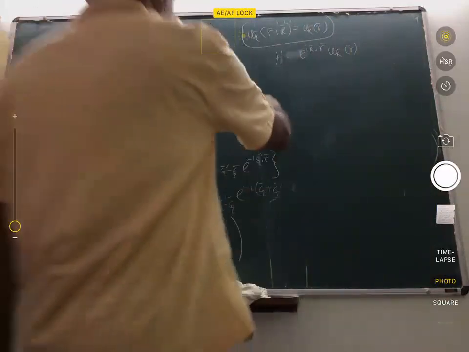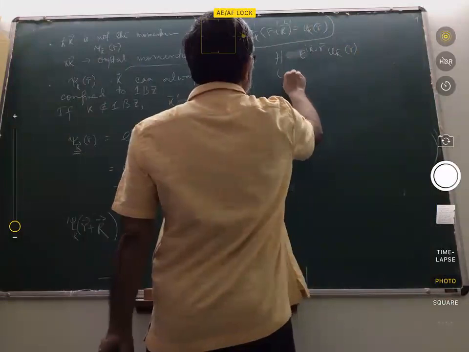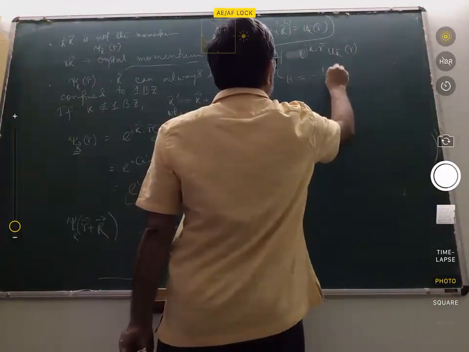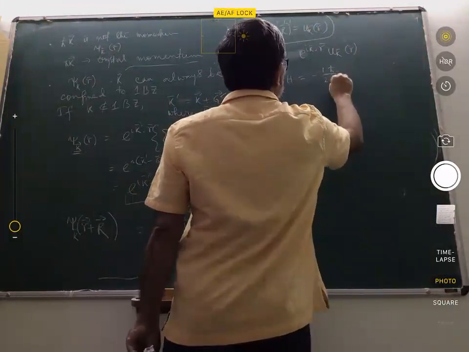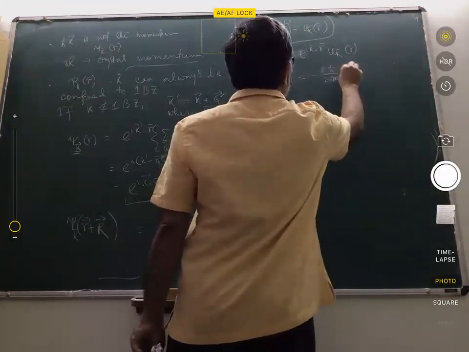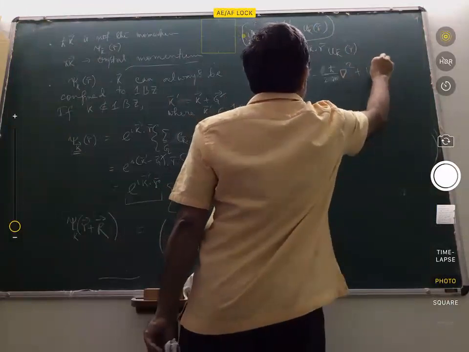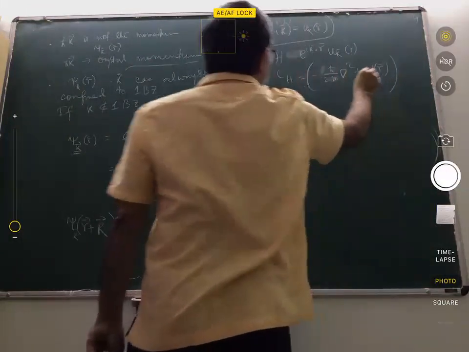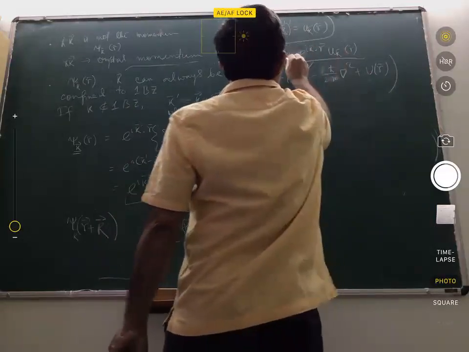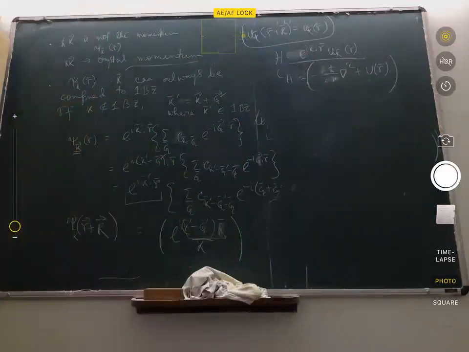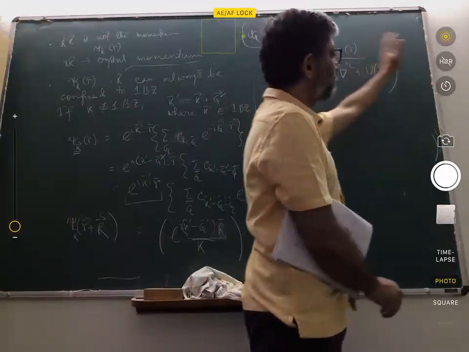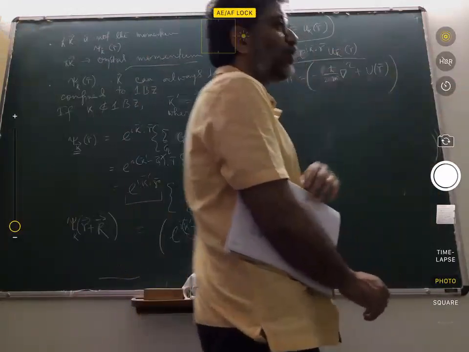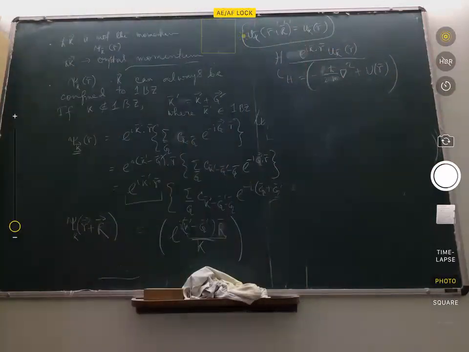What is H? This is also lattice periodic. This is my Hamiltonian, which acts on this function. Now what you can do is act this on these two parts and so on. I'm not going to do the algebra here.